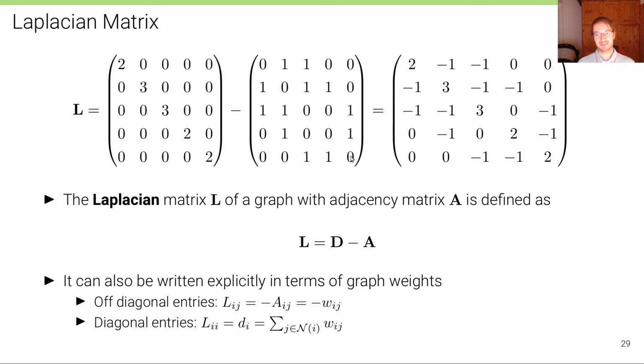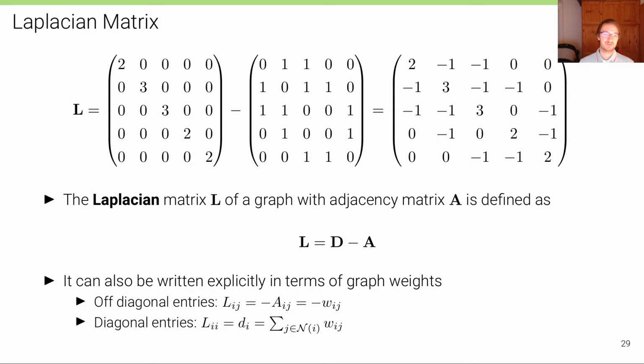And the values of the adjacency matrix are negated at the off diagonals, so we get these elements at the off diagonals with a minus in front. This can also be written explicitly in terms of graph weights, component-wise: L_ij at the off diagonal is minus w_ij, and on the diagonal it is the sum over the neighborhood of w_ij.